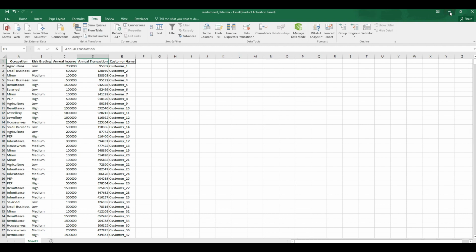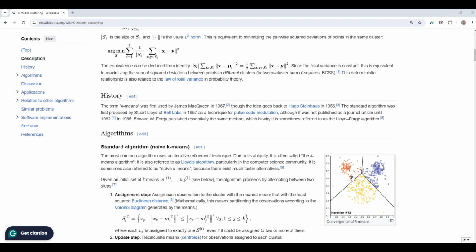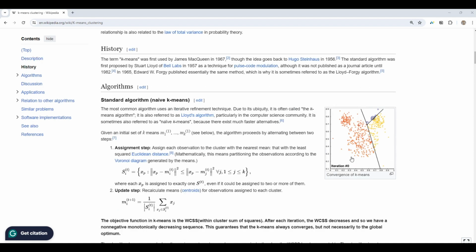Okay, so on the basis of these features, our K-means algorithm has created the different customer segments. You can see here previously the clusters are not separated, but after the algorithm is trained on data, it will clearly segment this data into three clusters.